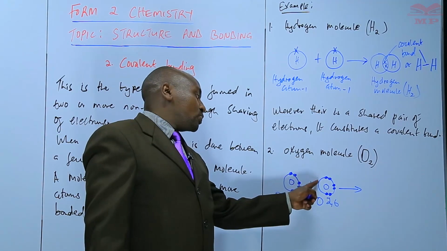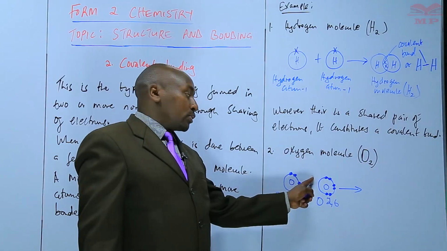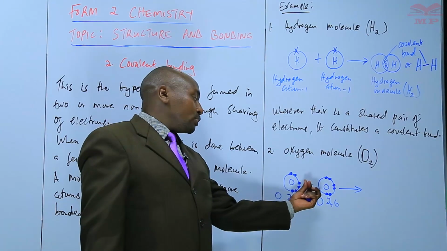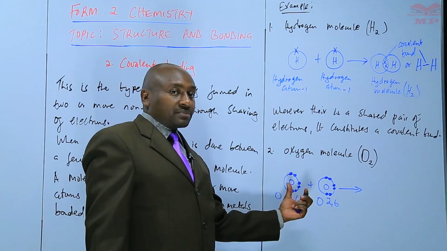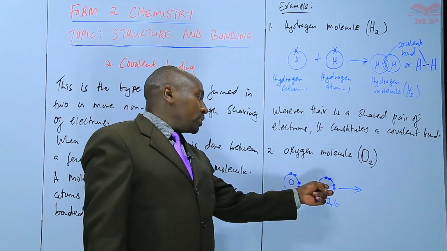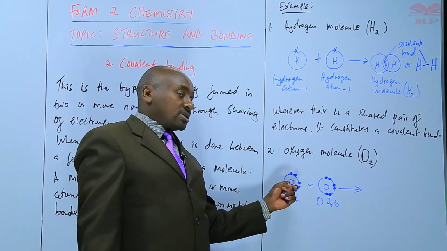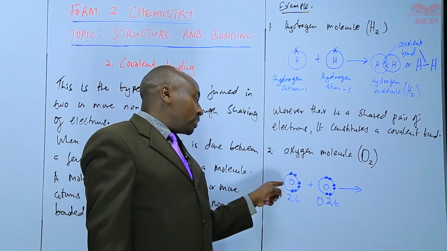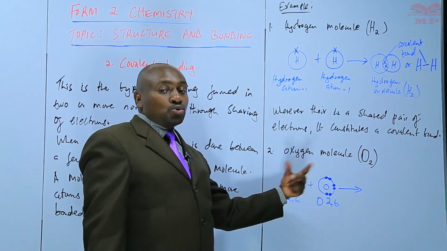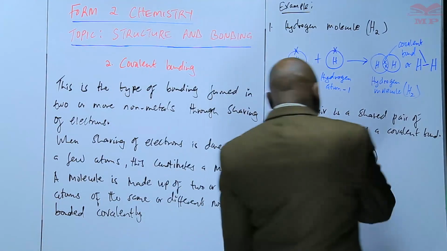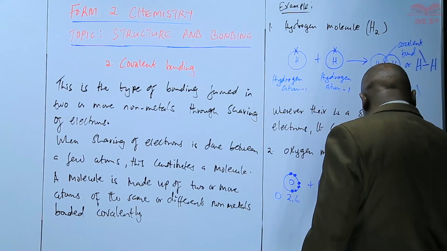This one also needs 2 to be stable. So the 2 will come together and they will share. This one will share 2 with this, and this one will share 2 with this, so that this one gets the 2 it needs and this one gets the 2 it needs. So the diagram will be as shown.